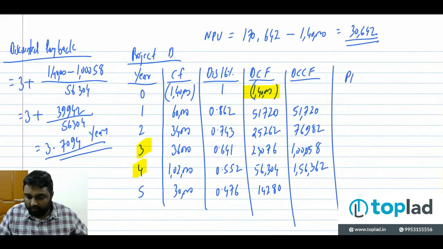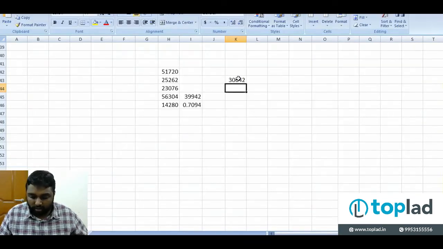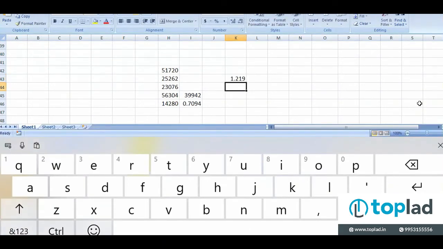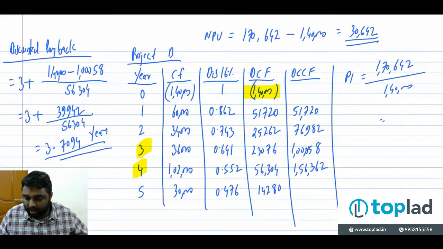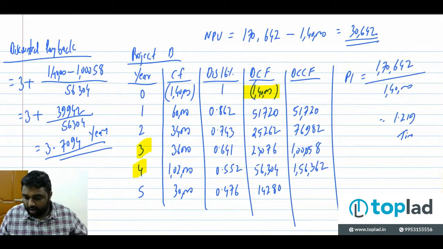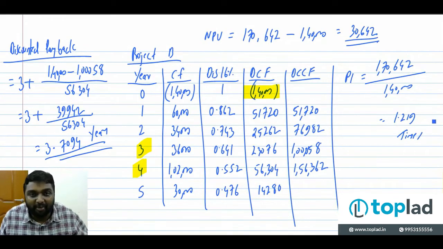Similarly, we can find out profitability index. Present value of cash inflow divided by present value of cash outflow. 1,70,642 divided by 1,40,000. What will be the answer? So instead of minus, we have to divide. 1.219 times. So we have done all the methods.